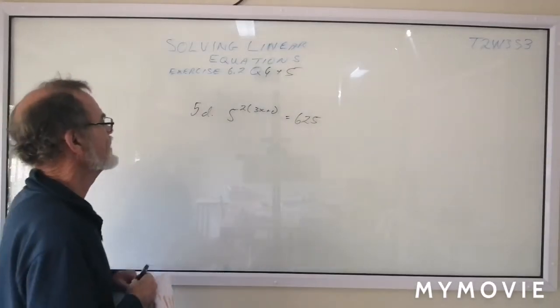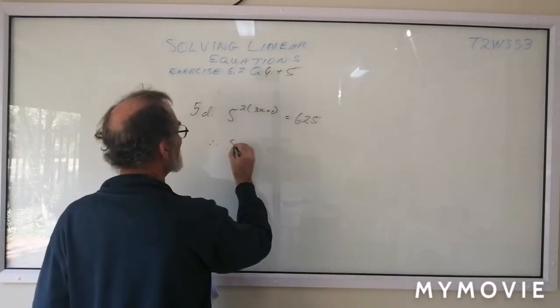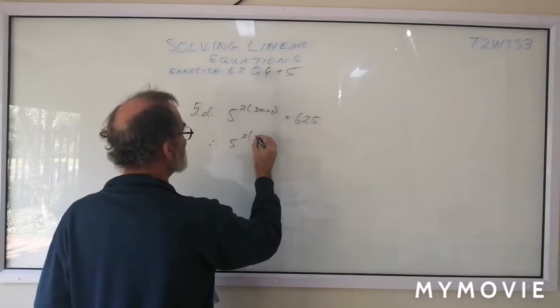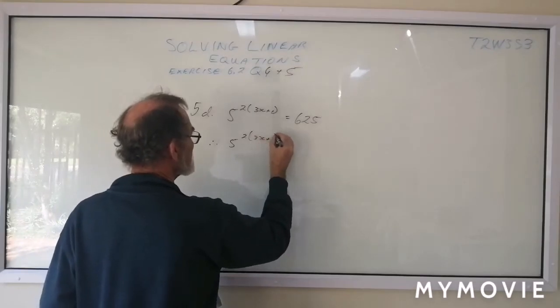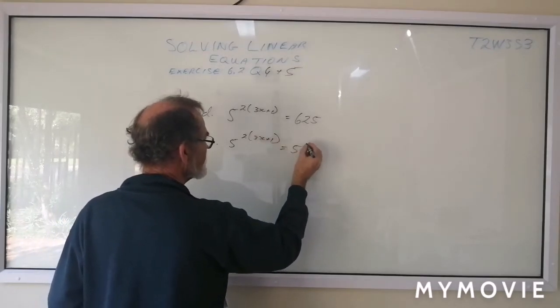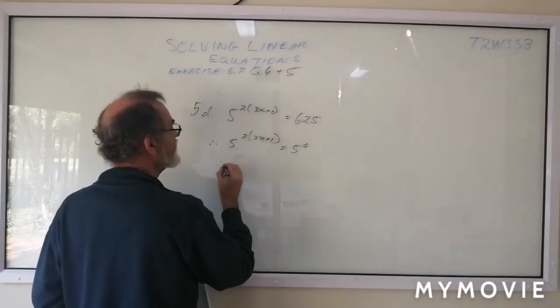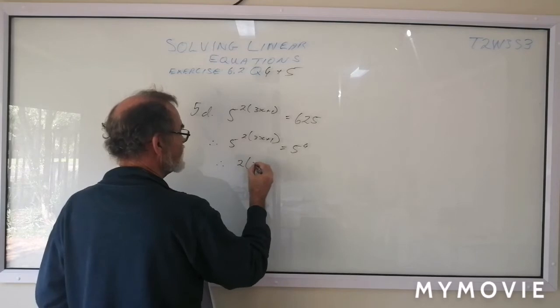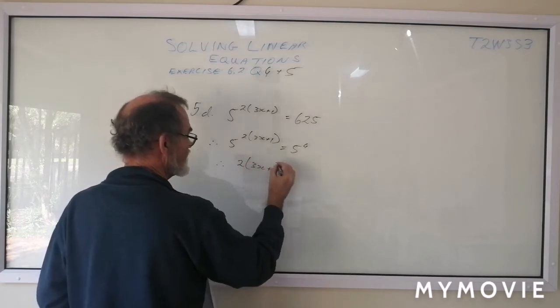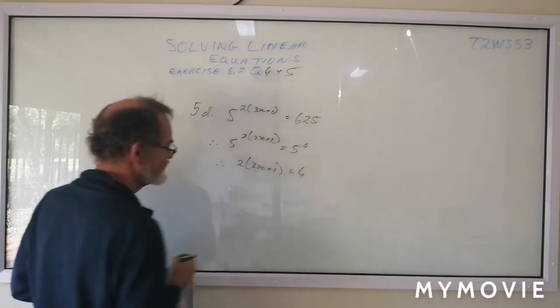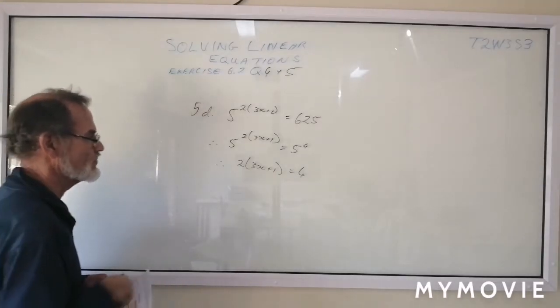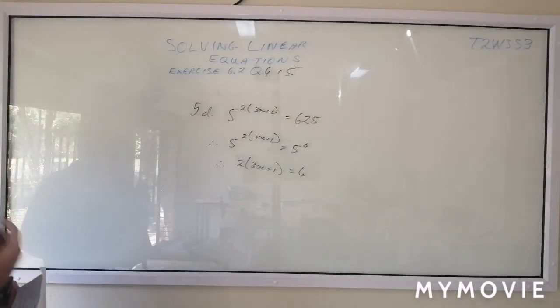And we write therefore 5 to the power of 2(3x plus 1) is equal to 5 to the power 4. And this can only be true if 2(3x plus 1) is equal to 4. Let's not multiply our bracket out.